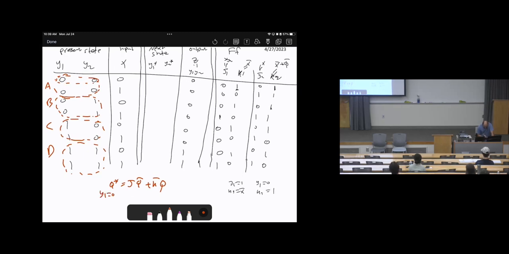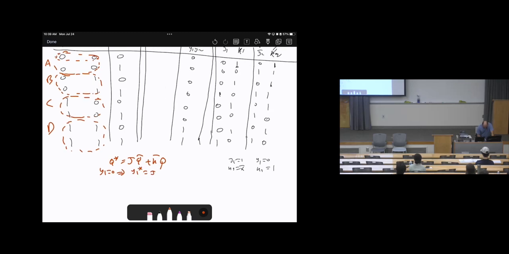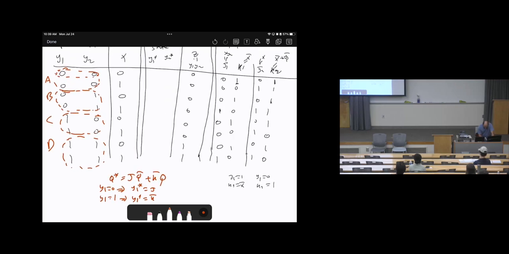When y1 equals 0, what will happen? J Q bar, let's substitute, Q is 0, so y1 star will equal J. When y1 equals 1, then y1 star will equal K bar. Okay, so here is y1.